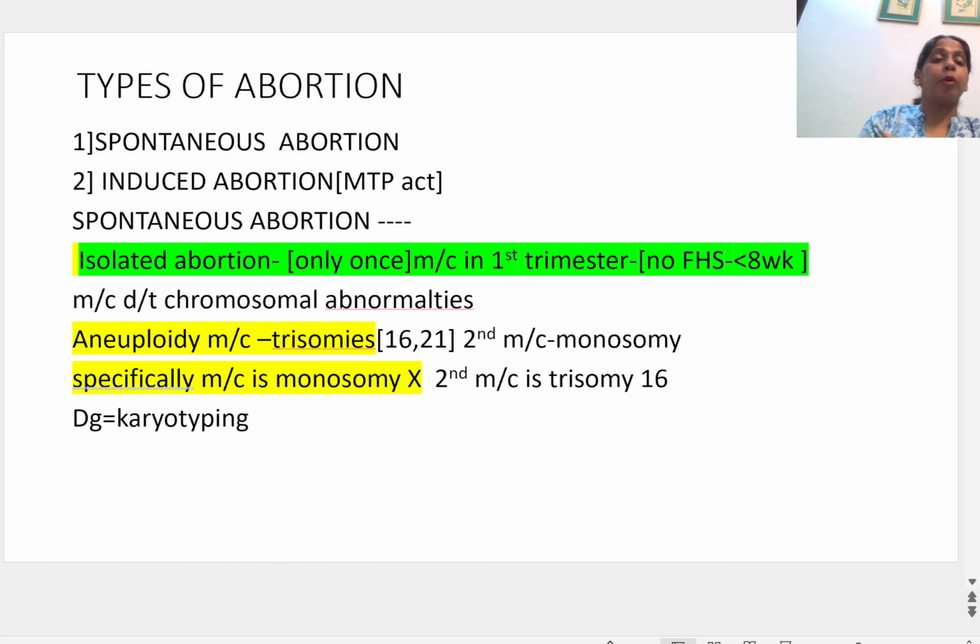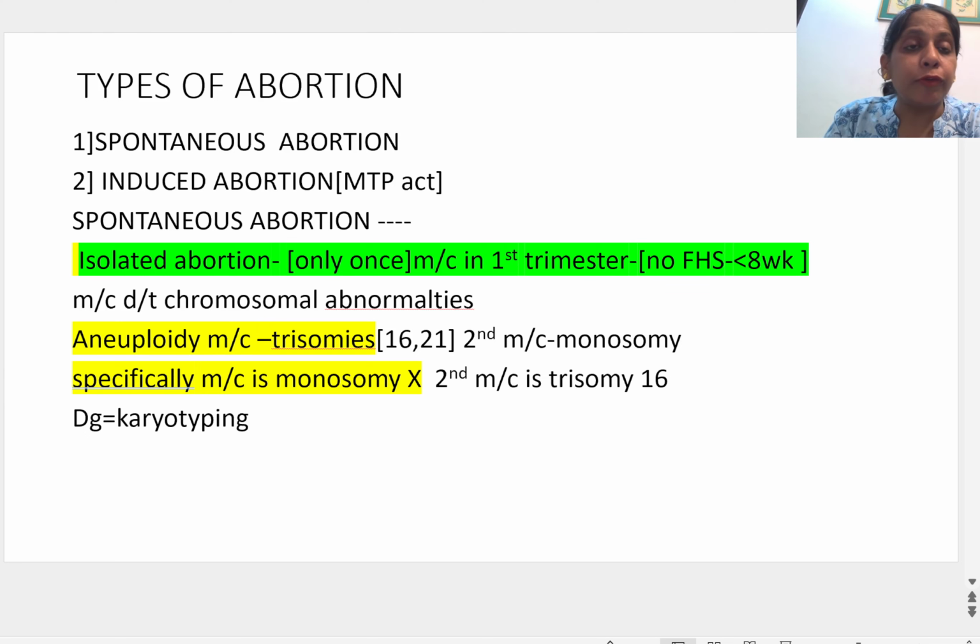Let's see. If the abortion is occurring in the first trimester, then the cause is mostly chromosomal anomalies. Usually these abortions don't repeat, they are not recurrent. The most common chromosomal abnormality is aneuploidy, and the most common aneuploidy responsible is trisomy.